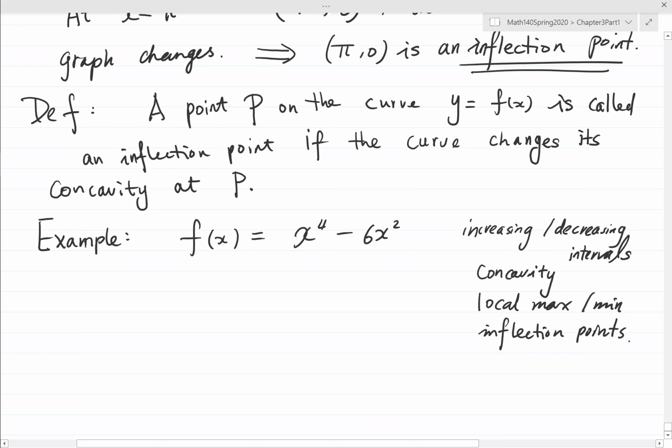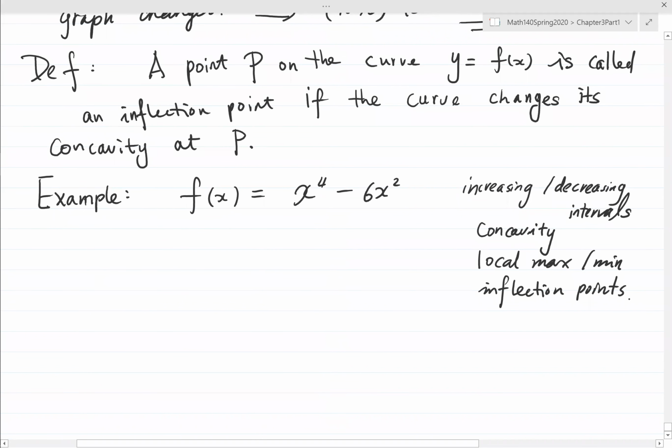Then plot a rough graph. So we work out these properties for this function.